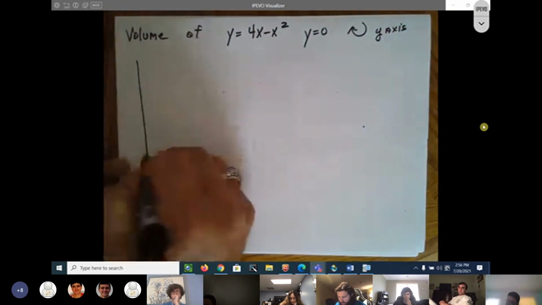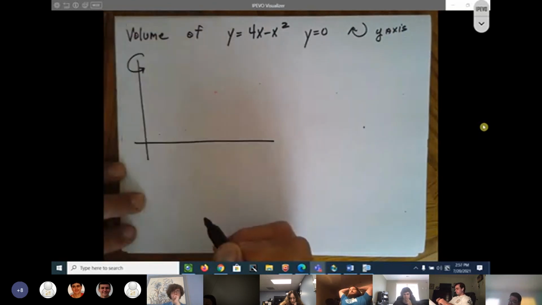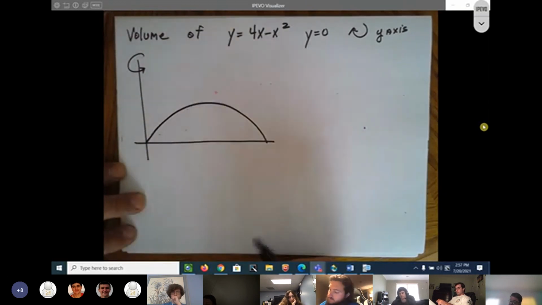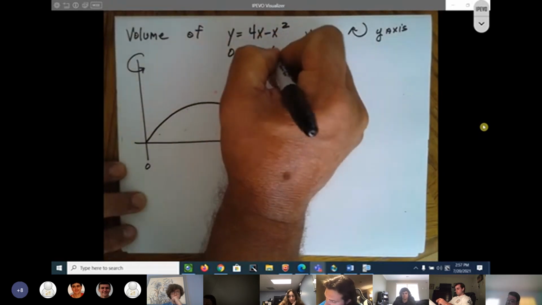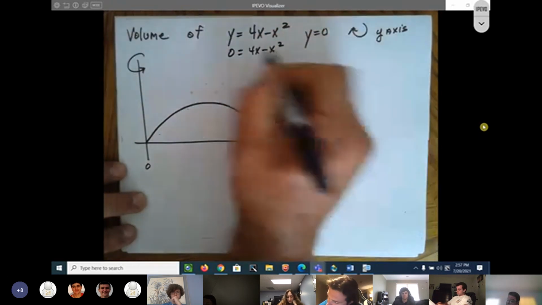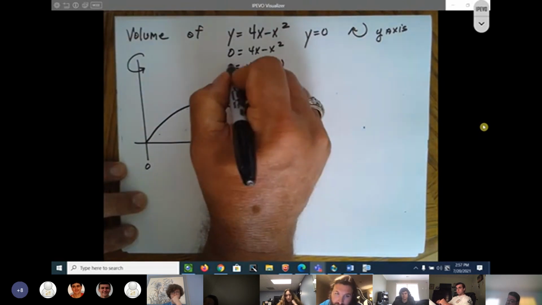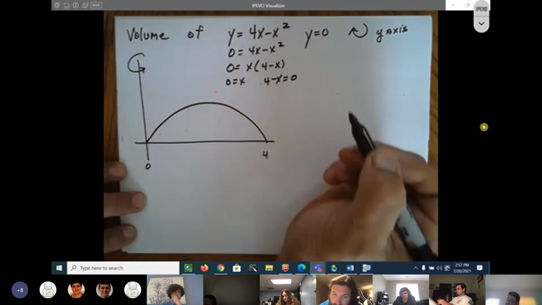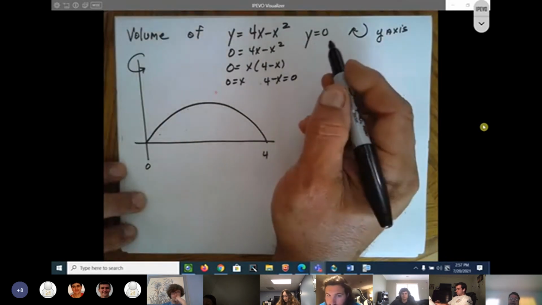All right, so we got the region going around the y-axis, and just to save face, it looks like this. And this is 0 and 4. You can set 0 equal to 4x minus x squared, factor out x. 0 is equal to x times (4 minus x), so you get 0 and 4. y equal to 0 is the x-axis.